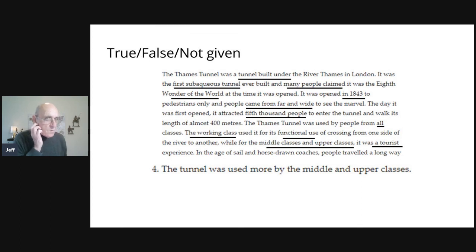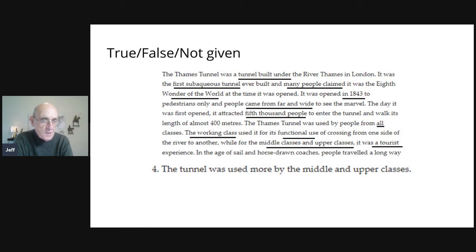So it tells us the reason that these different classes of people used the tunnel, but it does not tell us that the working class used it more than the middle class and upper class, or that the middle class or upper class used it more than the working class. So there's no comparison here.